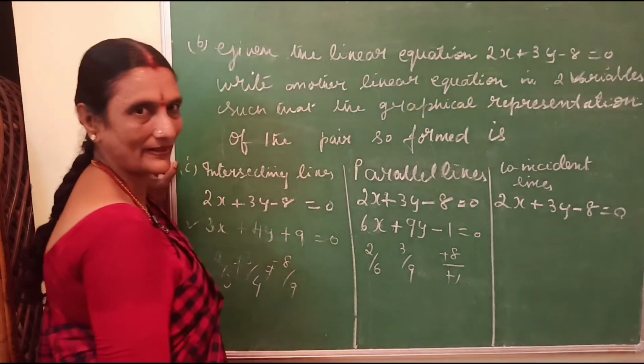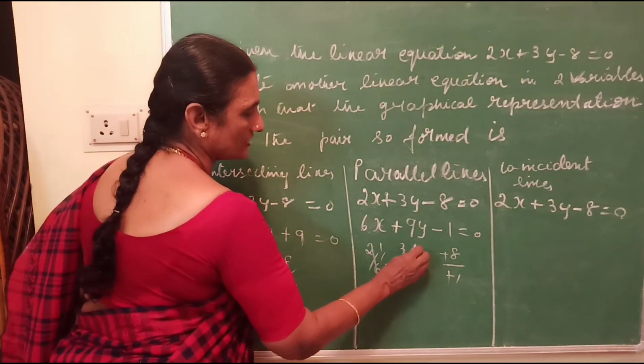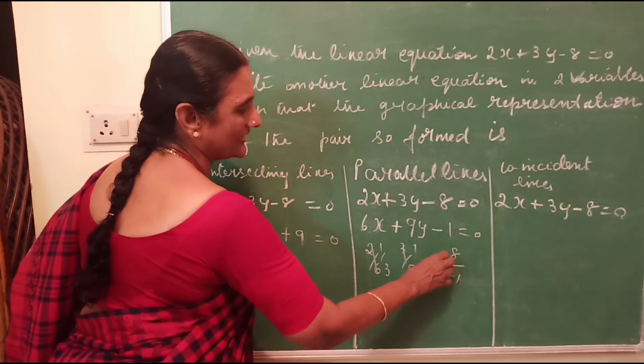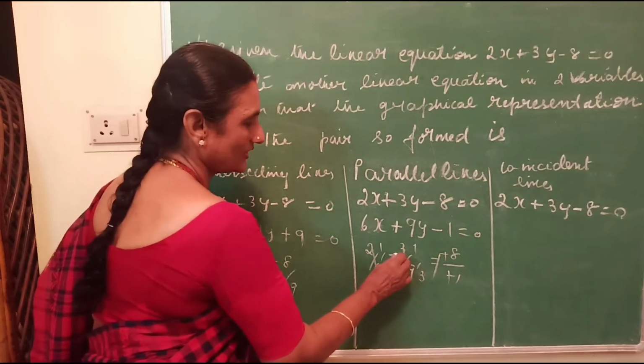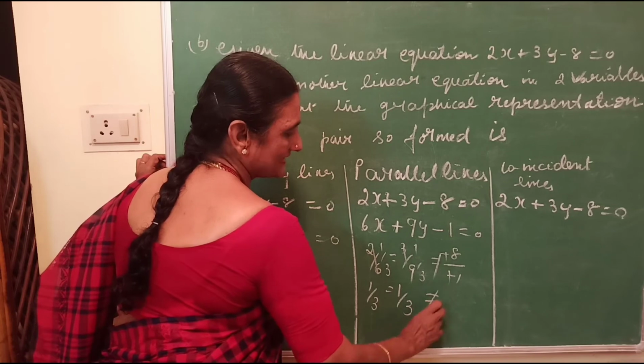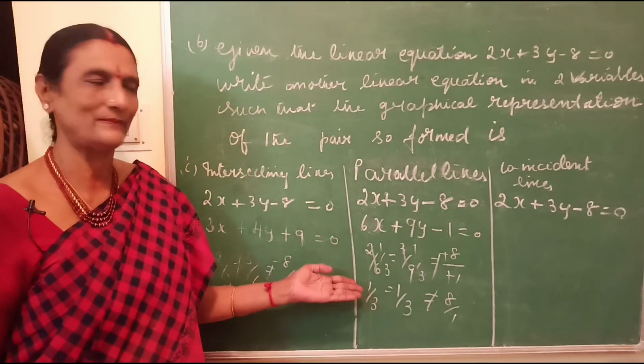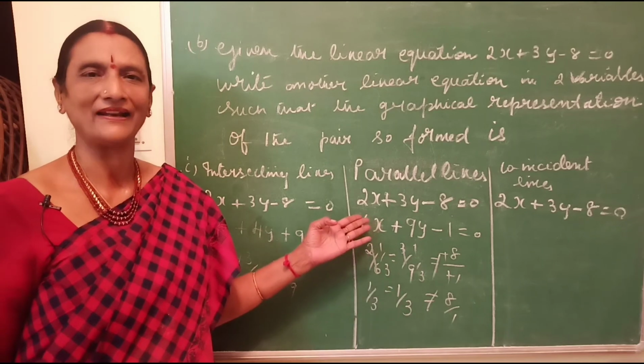Both of these will become positive. So this is 1 by 3, and this is also 1 by 3, but that is obviously not equal to 8 by 1. Therefore, what do we get ultimately? You will get a set of parallel lines.